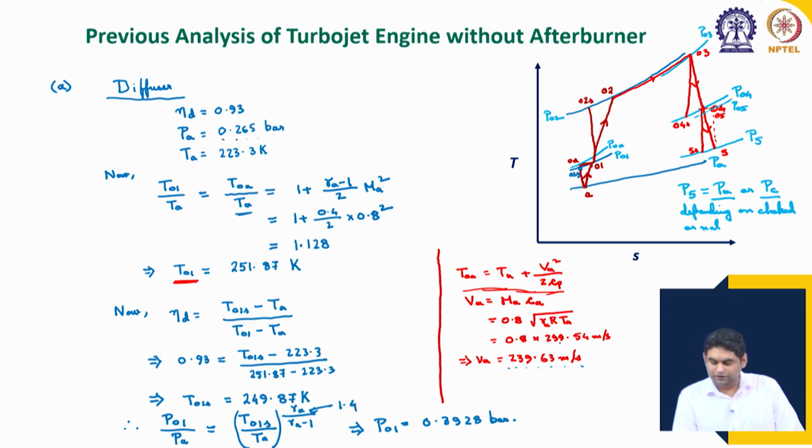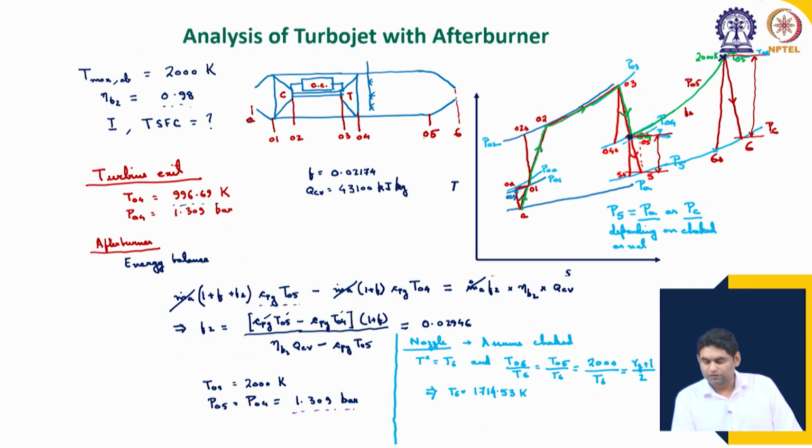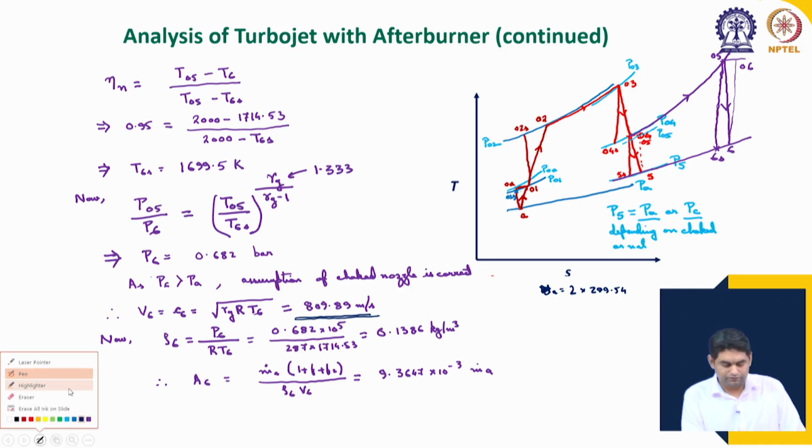At ambient condition the speed of sound was 299.54. So, now it would be 2 times 299.54, so around 600 meter per second, 599 meter per second. This will not be M_A, this will be V_A.